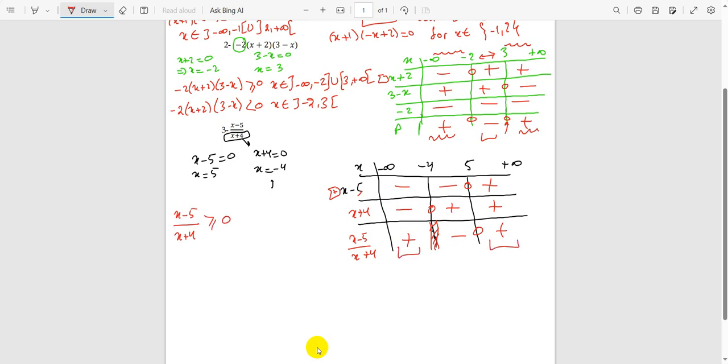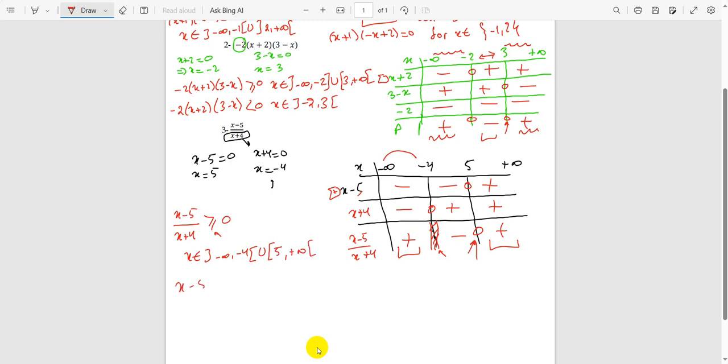Positive right here, but I have or equal to 0. Here I have equal to 0, but at -4 it's a restricted value, so it should be excluded. So we'll say that x belongs to, starting from minus infinity till -4, which is outside the interval, union the second one right here, since I'm talking about or equal, then 5, which is the root, will be included, from 5 till plus infinity.